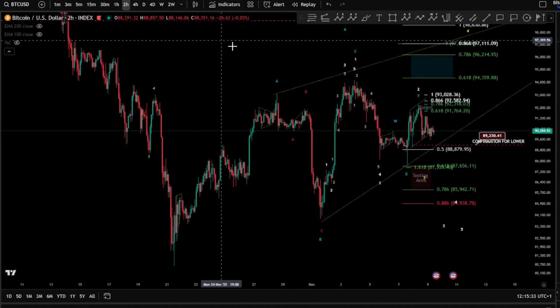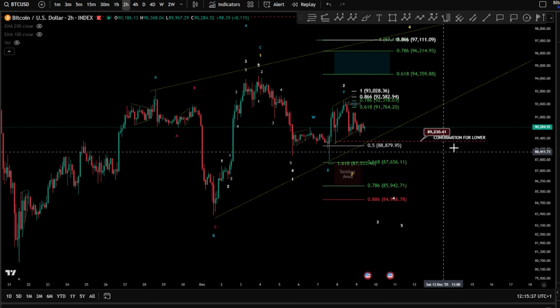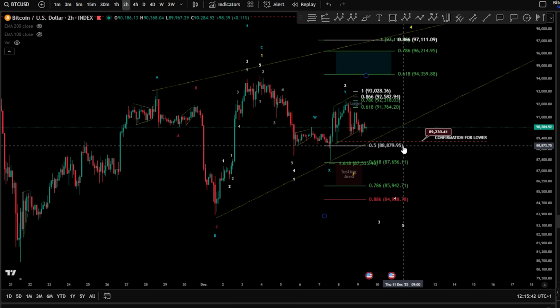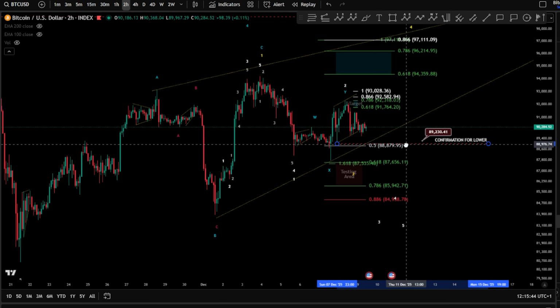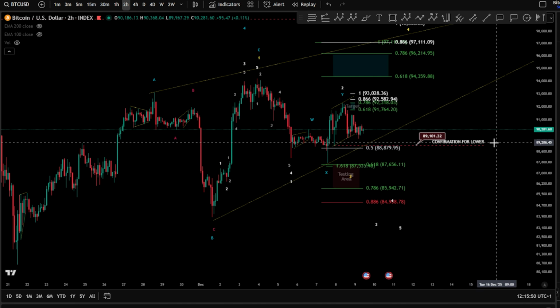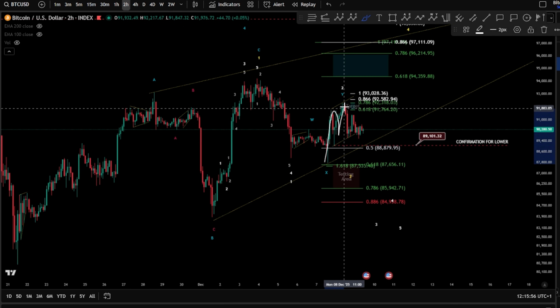However, if this is not going to happen, meaning if we don't take the confirmation for lower over there, we need to take it a little bit lower here. 89K, I would say, is confirmation for lower, because you might be, of course, here in a potential zigzag, right?